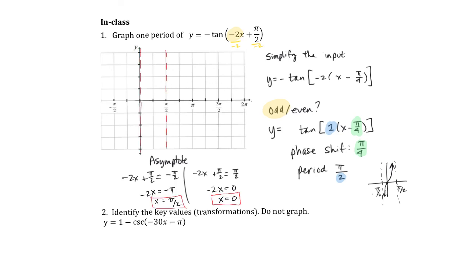Okay, solving for x. For the first one, subtracting pi over 2 from both sides, we end up getting x is equal to pi over 2, and then for the second one, we get that x is 0. So now we'll go ahead and get our tangent graph drawn in.